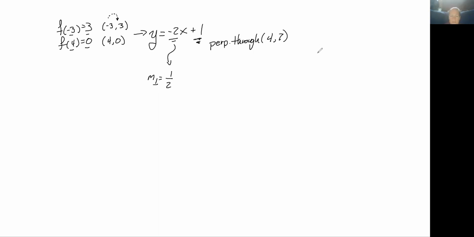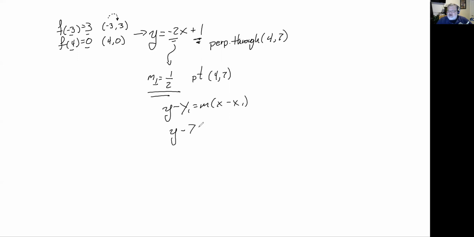Yeah, this was my least favorite question. Well, we know it's got this slope, right? We know it goes through the point 4, 7. So if we use that point slope form, then y minus the y value equals the slope times x minus the x value, and that's the equation of our line.